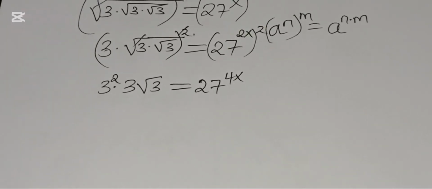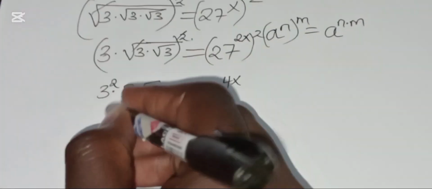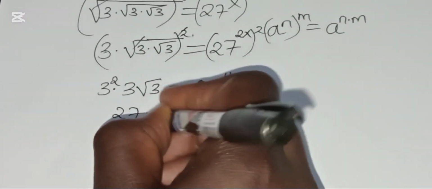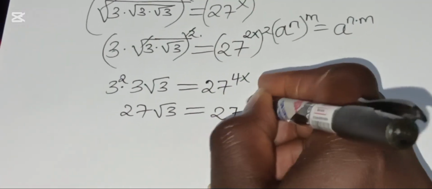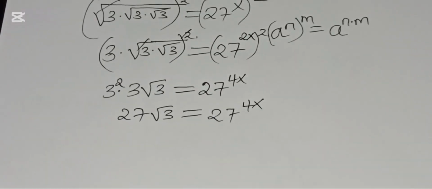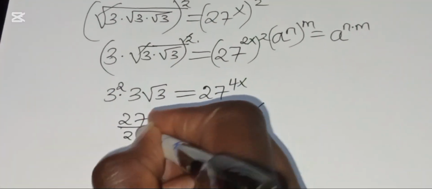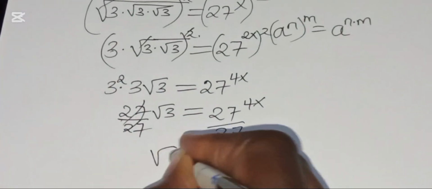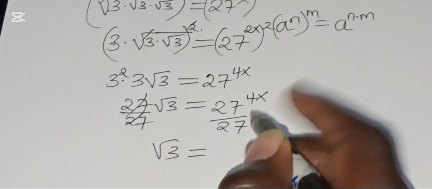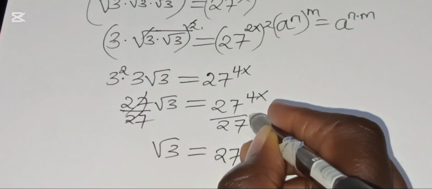Now from here, 3 squared is 9, 9 times 3 is 27, multiplying by square root of 3, which is equal to 27 raised to power 4x. Now as you can see, we can divide both sides by 27, so that you're going to have square root of 3 equal to 27 raised to power 4x divided by 27 raised to power 1.